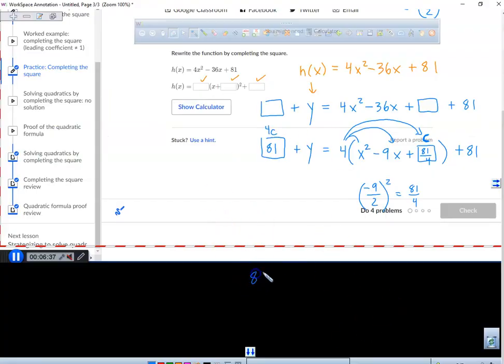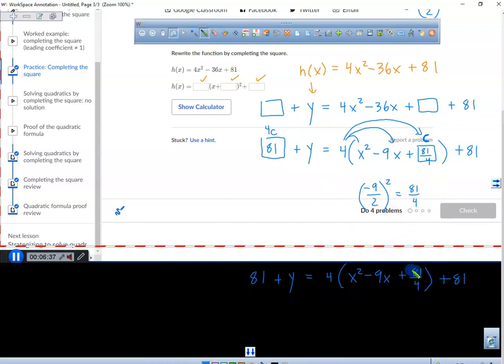So here, let me write down what I have now. Ready? I have an 81 plus y equals 4, open parentheses, x squared minus 9x plus 81 over 4, plus an 81. That's what I have. And now all we have to do is take this and do what with it? We need to factor it.